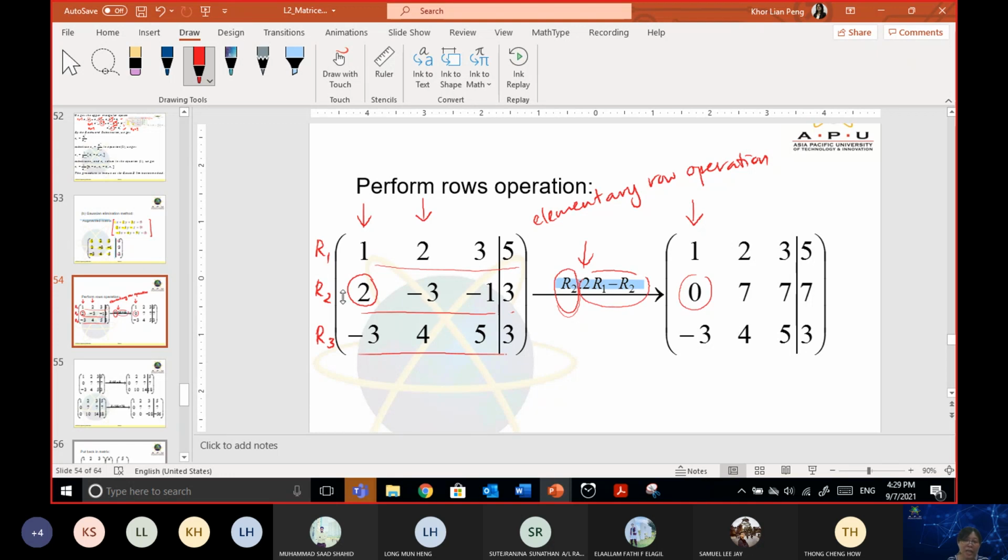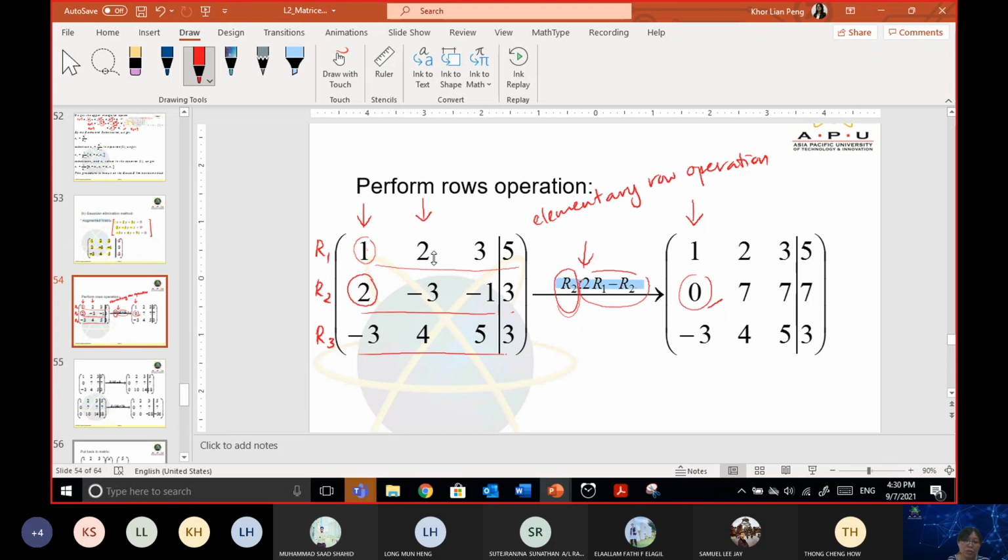Now let's look here. 2 times R1. Your first row is 1, so 1 times 2, then minus the second row. R1 times 2, you get 2. Minus 2, you get 0. We get 0. Then we need to do it for the whole row, not just the first value.